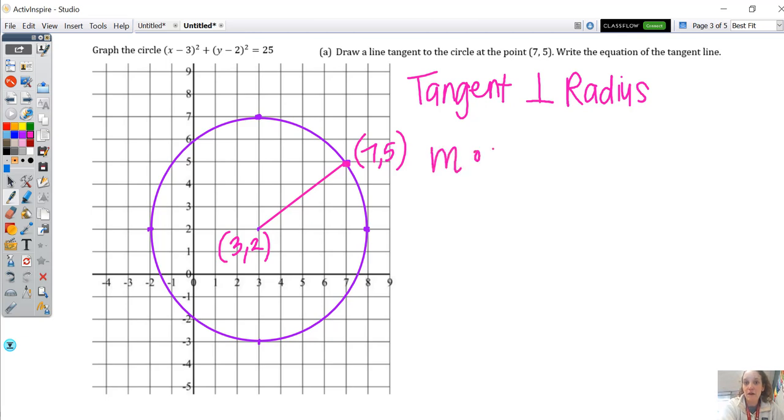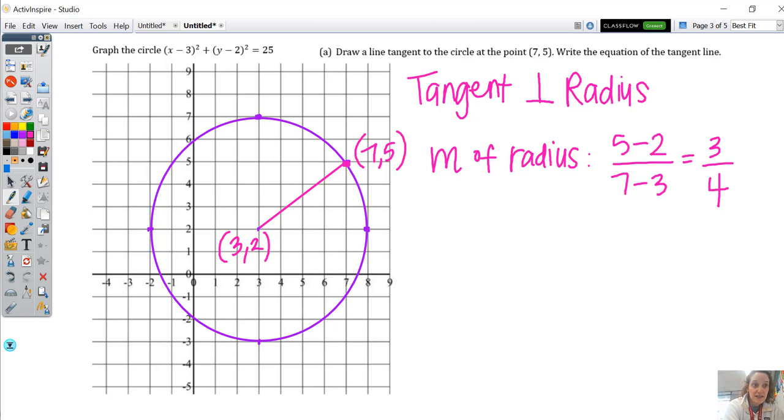So the slope of the radius is going to be (5 − 2)/(7 − 3), which is 3/4. Which means the slope of our tangent line is going to be the opposite reciprocal of that, −4/3. Because the tangent line and the radius have to be perpendicular. They have to create a right angle, and so therefore the slopes have to be opposite reciprocals.